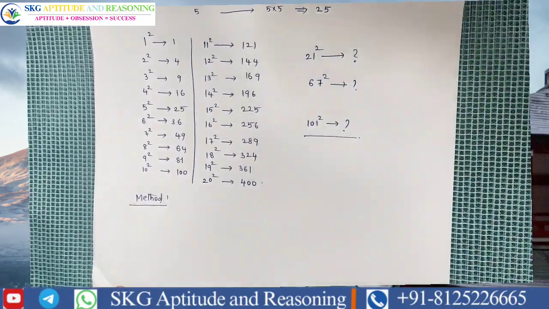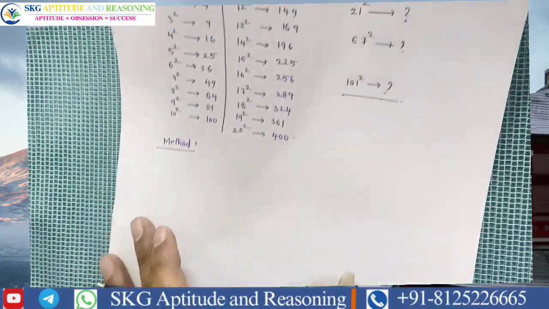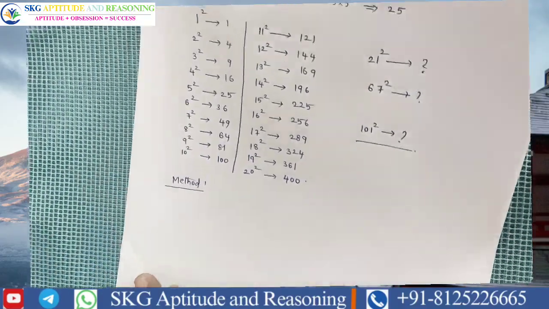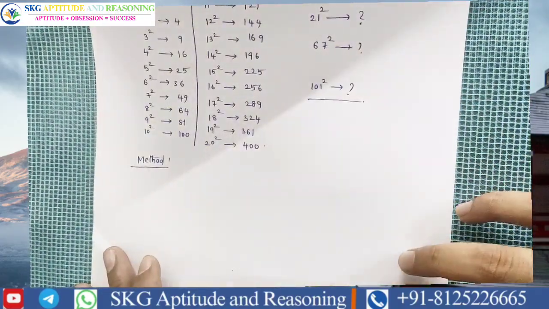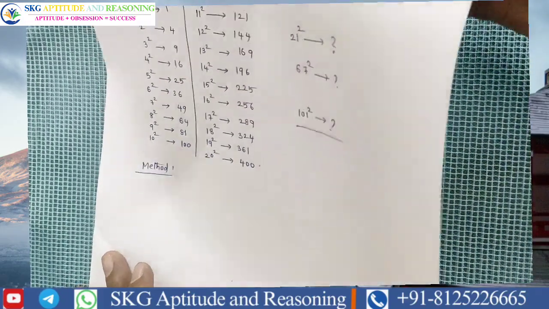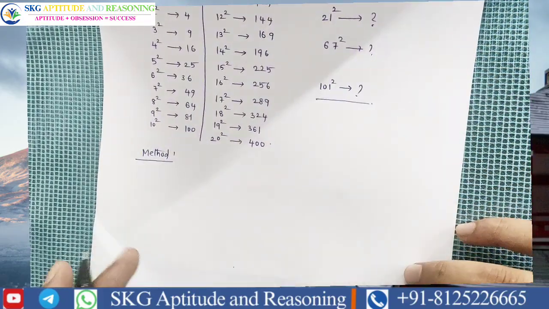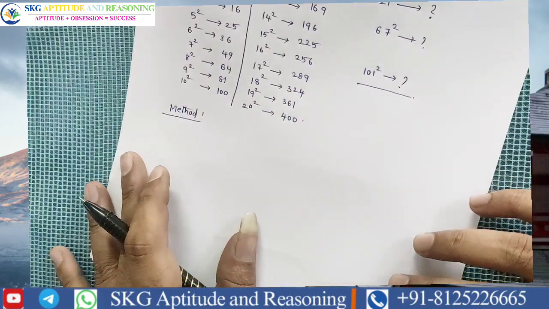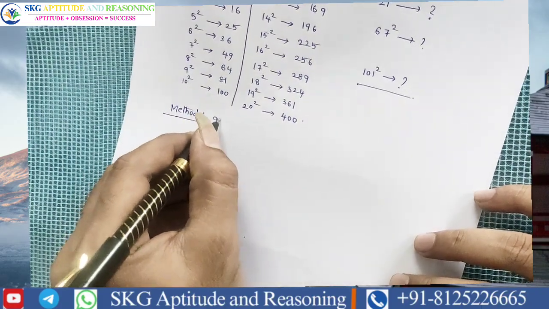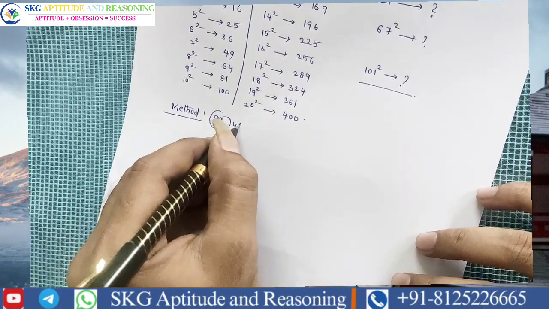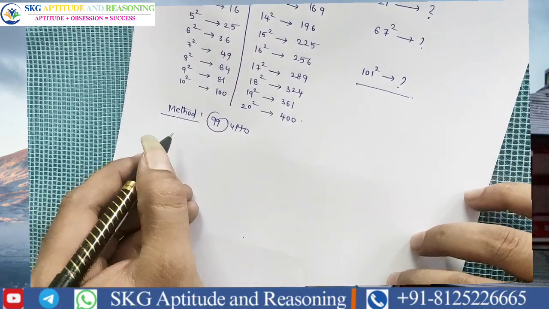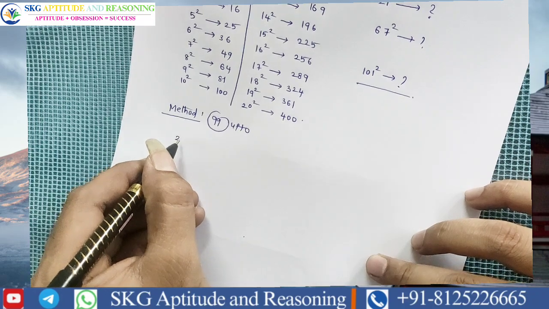This method 1 is applicable only up to 99 numbers. Suppose let us consider 21 square.